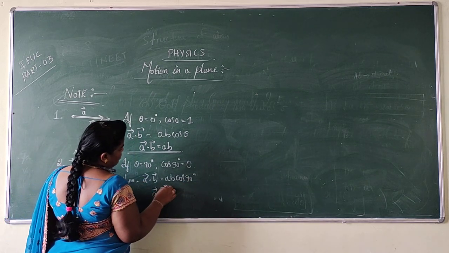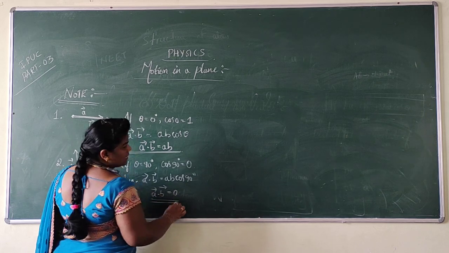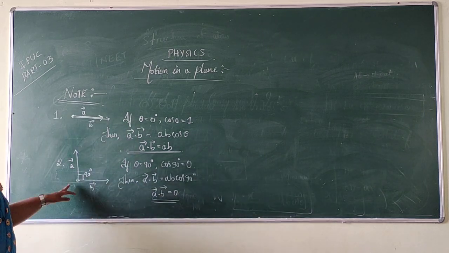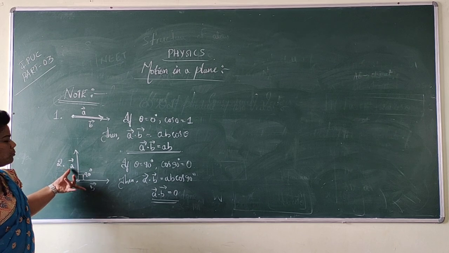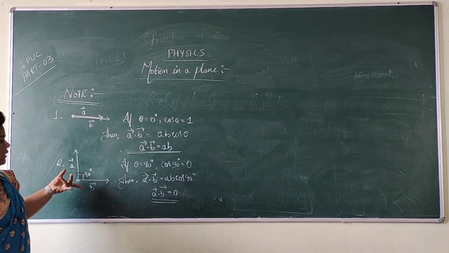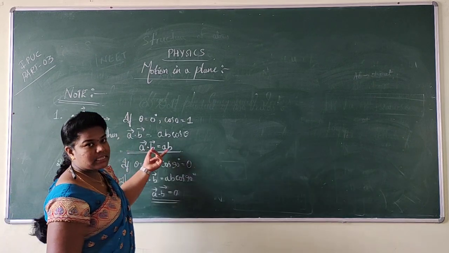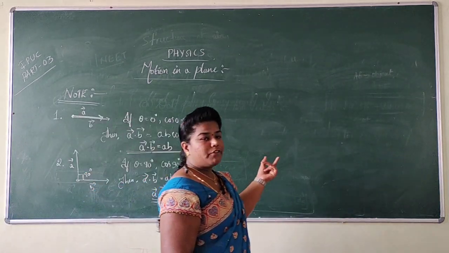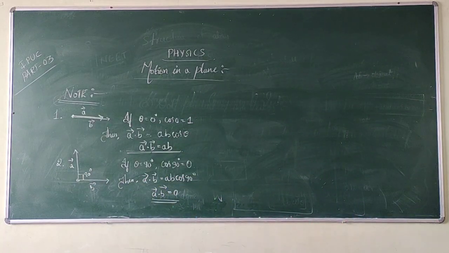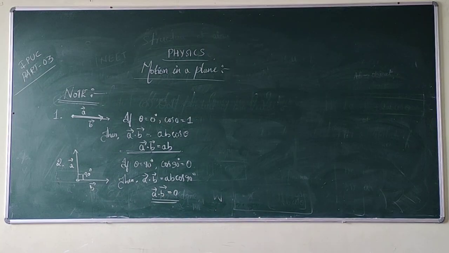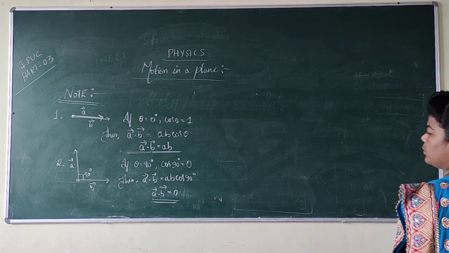So the scalar product of the two vectors is equal to 0 when the two vectors are mutually perpendicular to each other. And the scalar product of two vectors is equal to the product of the magnitudes A into B when the two vectors are exactly parallel to each other.